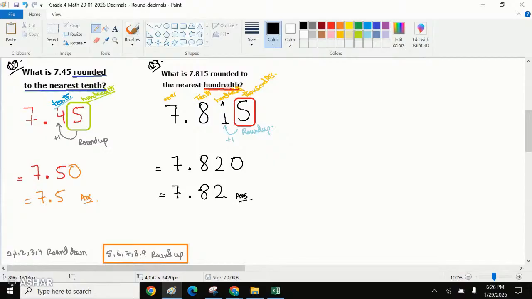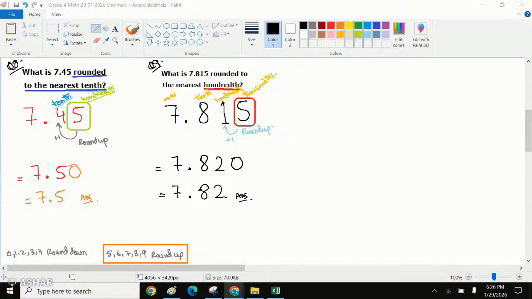Okay? Do we agree? So when it says 10th, we look at the 100th. In question number 9, it says round off to the nearest hundredth. When we are rounding off to the 100th, we look at the next number, that is the thousandth. Okay, let's try a few more examples.